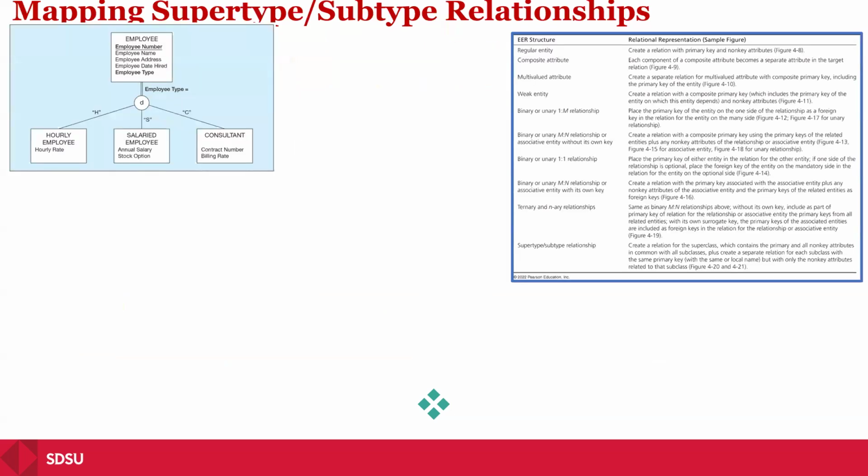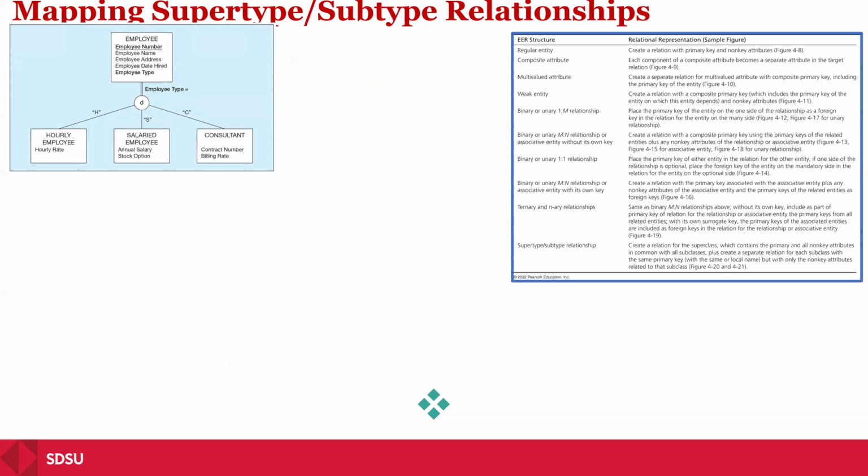So here we have an employee as a supertype, and we have three different subtypes of an employee: hourly, salaried, and consultant. So we look at the table, subtype, supertype. We create a relation for a supertype, which contains the primary key and all non-key attributes.